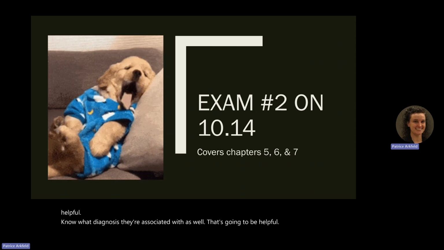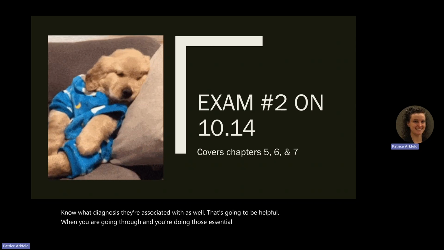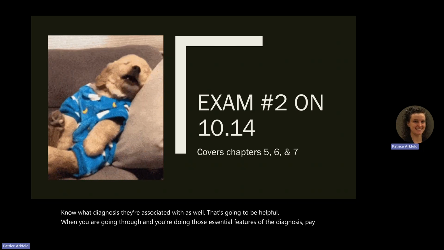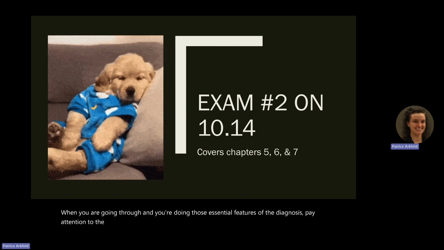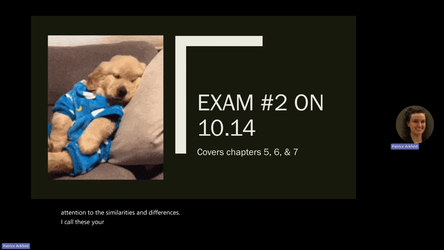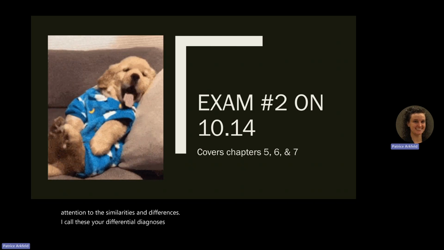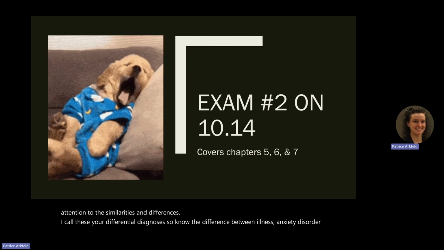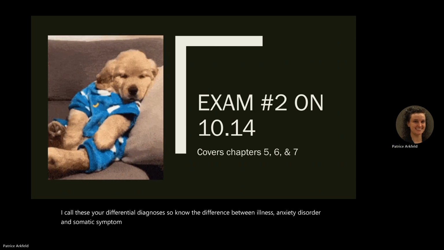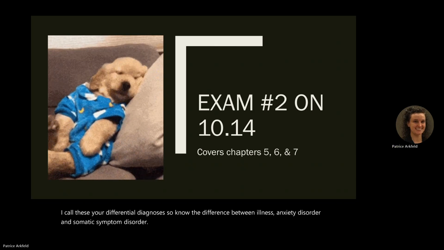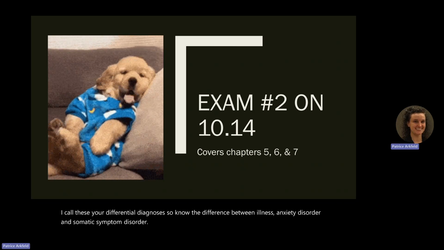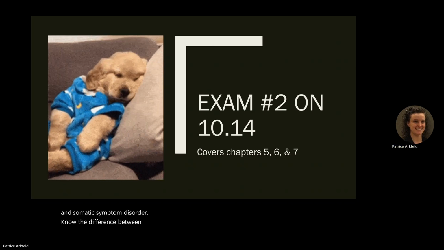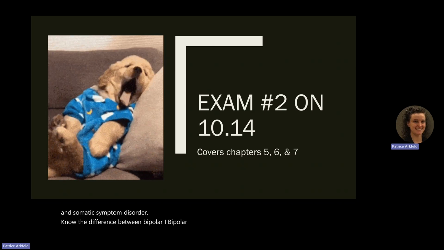When you are going through those essential features of the diagnoses, pay attention to the similarities and differences. I call these your differential diagnoses. So know the difference between illness anxiety disorder and somatic symptom disorder. Know the difference between bipolar 1, bipolar 2, cyclothymia.